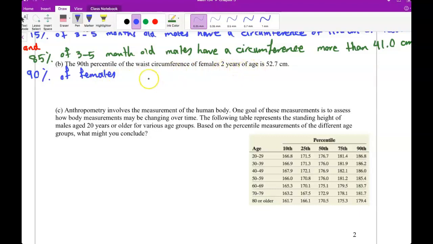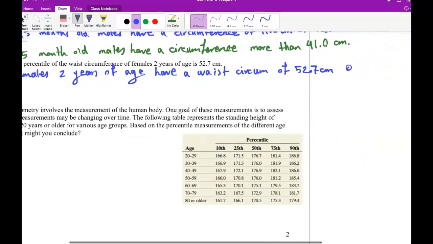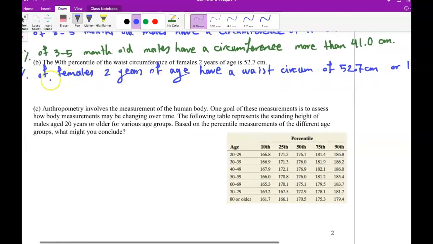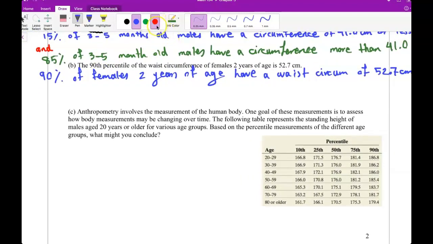So of females 2 years of age have waist circumference of 52.7 or less.